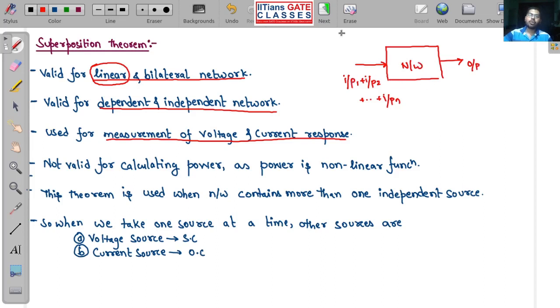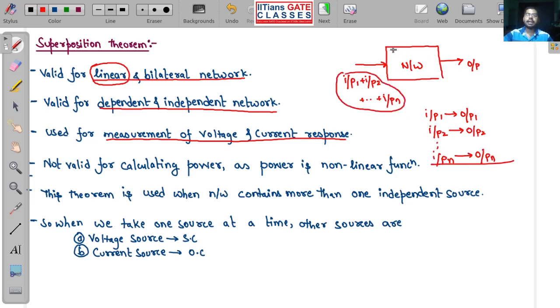Now if this is a linear network, what will happen? Input 1 will generate output 1, input 2 will generate output 2, and similarly input n will generate output n. If I add them, input 1 plus input 2 plus input n as the input to this linear network, the output will be output 1 plus output 2 plus output n.